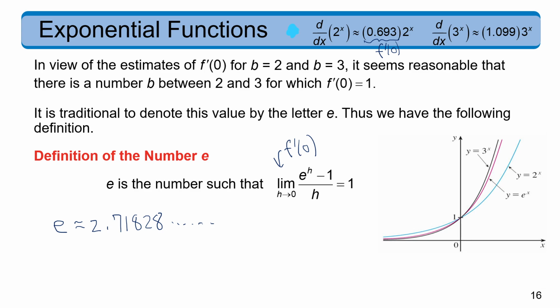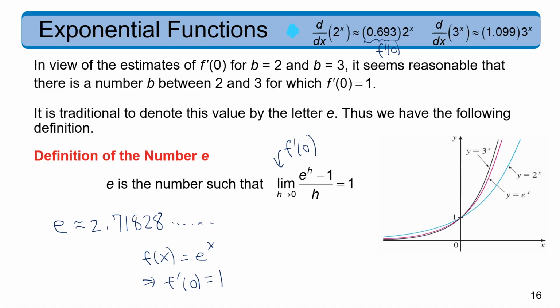So anyway, our conclusion is e. If we look at y equals e to the x, maybe it'd be better to call that our f of x, then the derivative at 0 for that function would be the number 1.